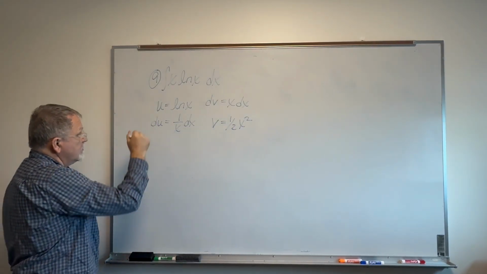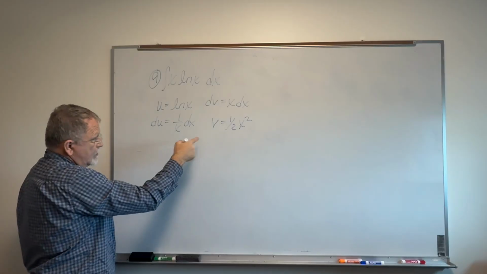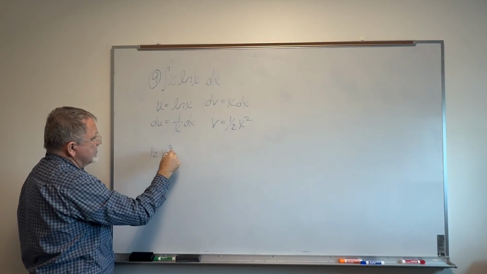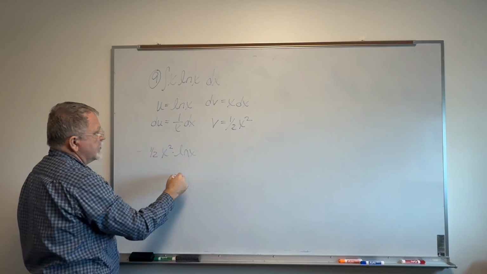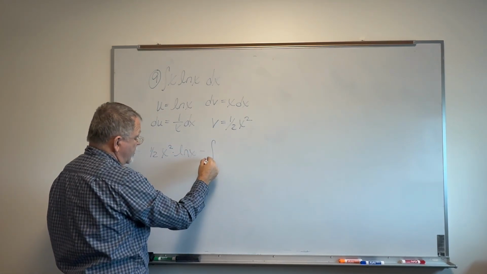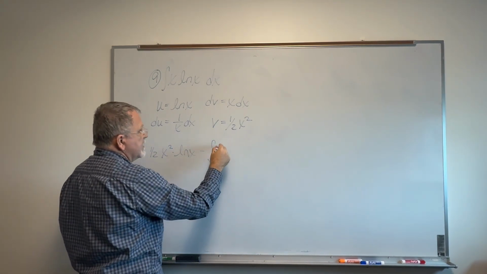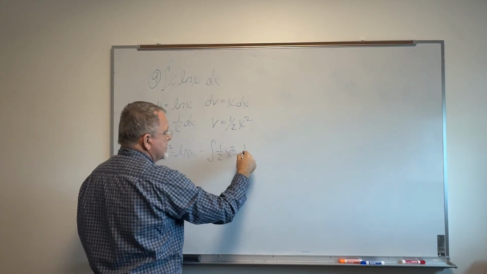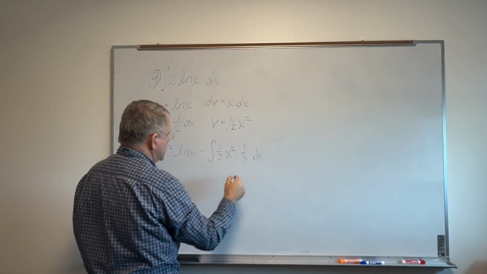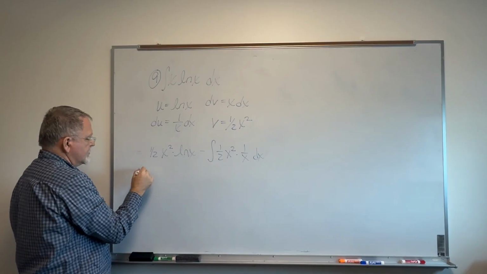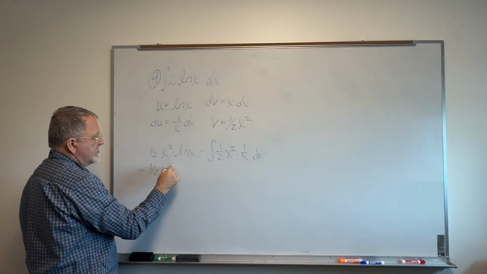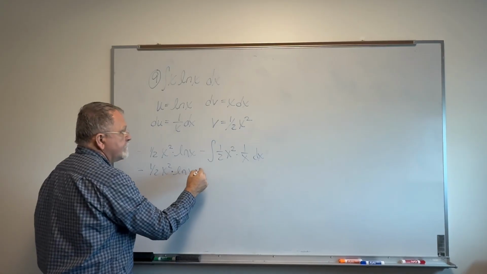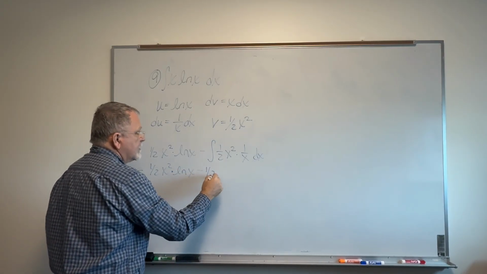So this integral is going to be equal to 1/2 x squared times ln of x, that's our uv, minus the integral of v du, 1/2 x squared times 1 over x dx. I'll bring that half out in front.